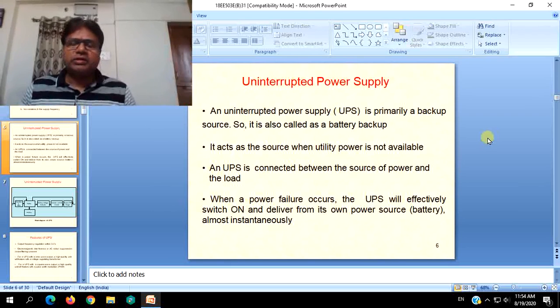So we need not bother whether our load is DC or AC. They will come along with their own conversion equipment.